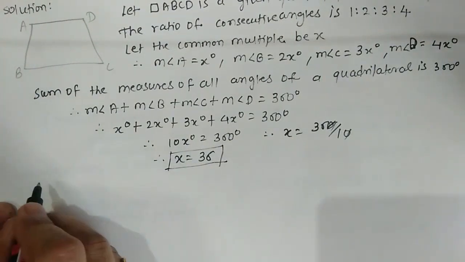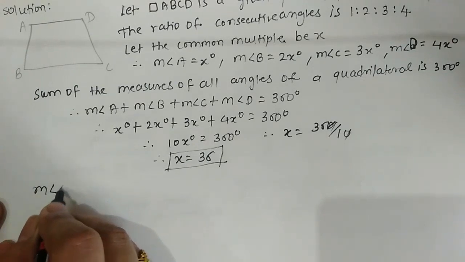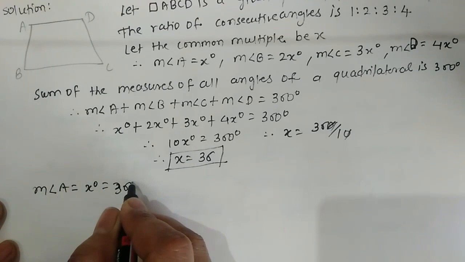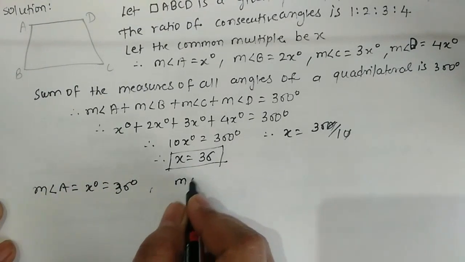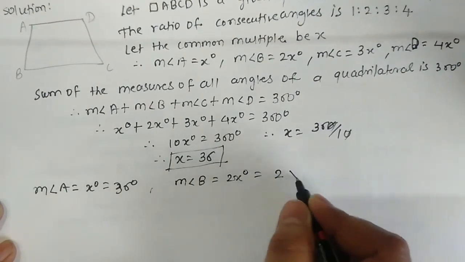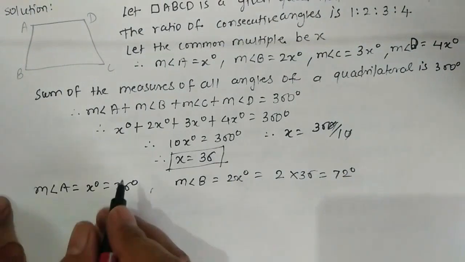So now find out the measures of each angle. Measurement of angle A is equal to x degrees, which is 36 degrees. Measurement of angle B is equal to 2x degrees, meaning 2 multiplied by 36 is 72 degrees. Correct?